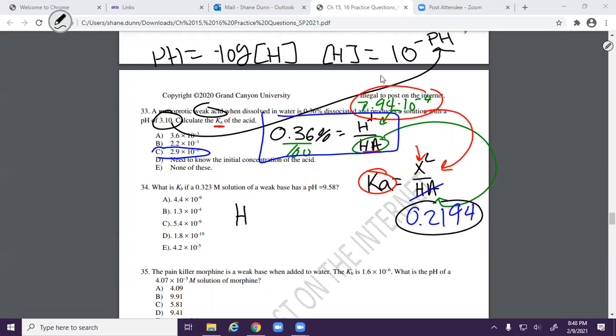That came from the pH. You're given pH, right? 10 to the negative pH will give you the amount of hydrogen in your pH, theoretically speaking. So you plug that value into here, solve for HA, plug HA in. This right here is the same thing as your X value right there.